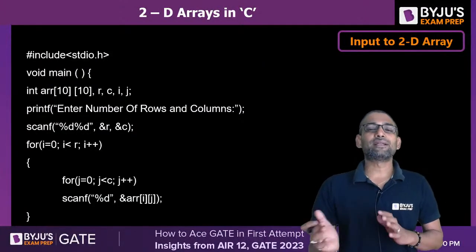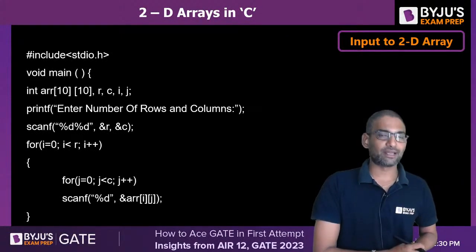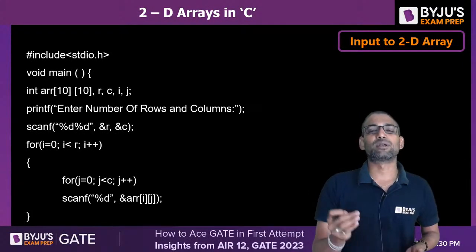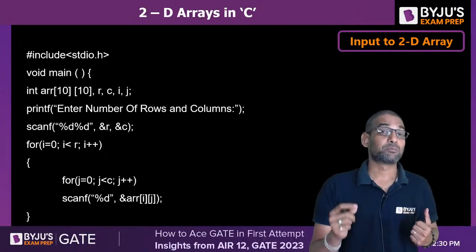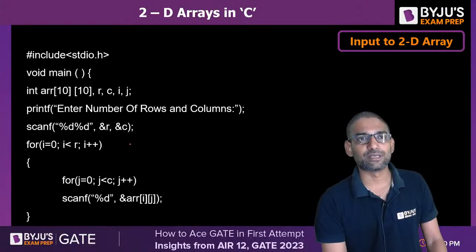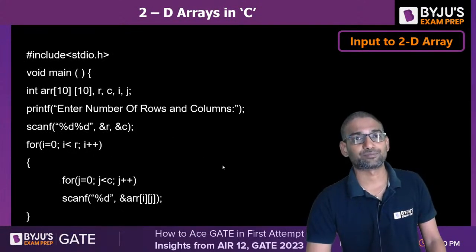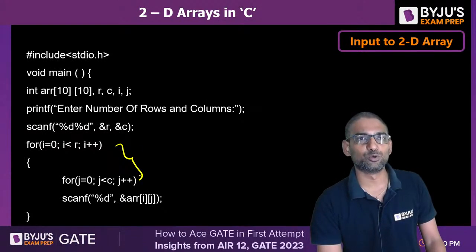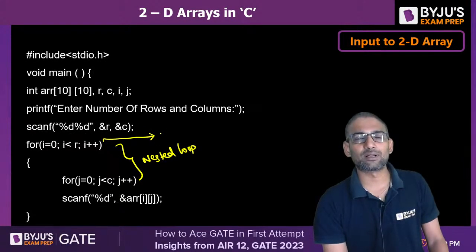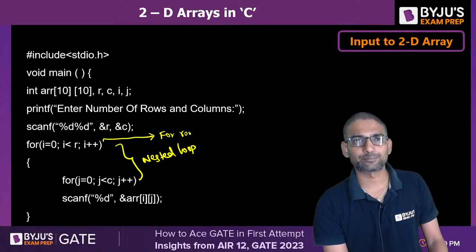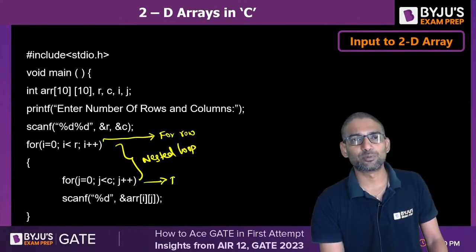Now, how can I give input to the 2D array values? Meaning I would like to give dynamic input at runtime. We know we use scanf, but here please observe I am using a nested loop. Nested loop means in one loop I am using another loop. Why? The first loop will always be for the row purpose. The next loop would be for the column purpose.